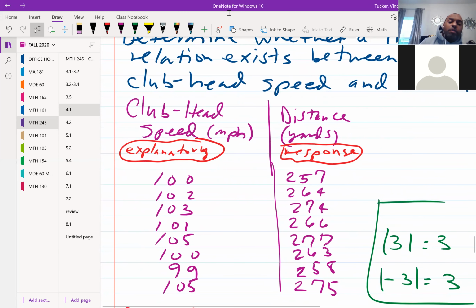So here are our values. In other words, he swung the club at 100 miles per hour. The ball went 257 yards. Swung it at 102 miles per hour. The ball went 264 yards, and so on.